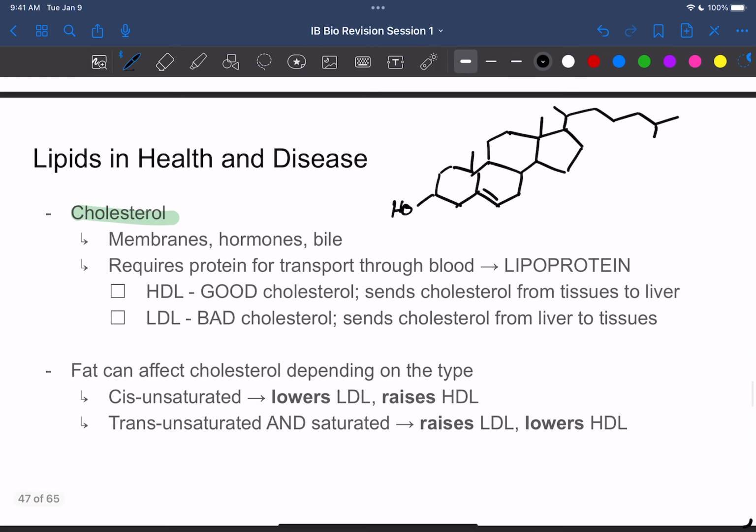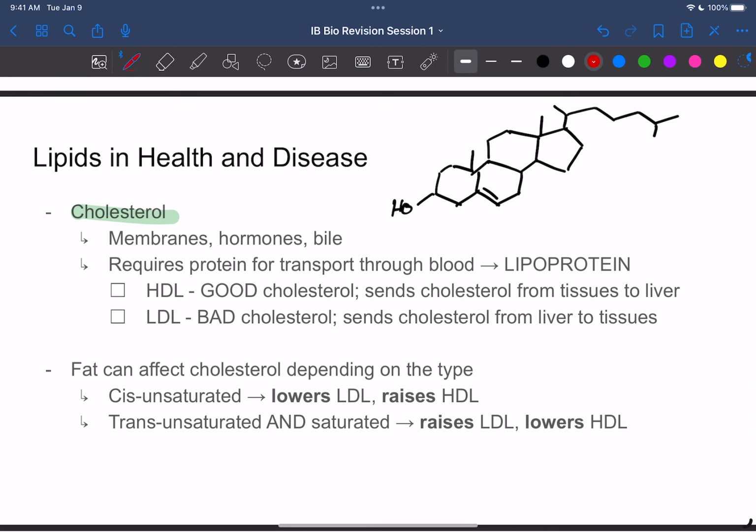Now, cholesterol on its own, I just want to say, is not bad. In fact, it's really good. It has so many different functions. It's involved in membranes.